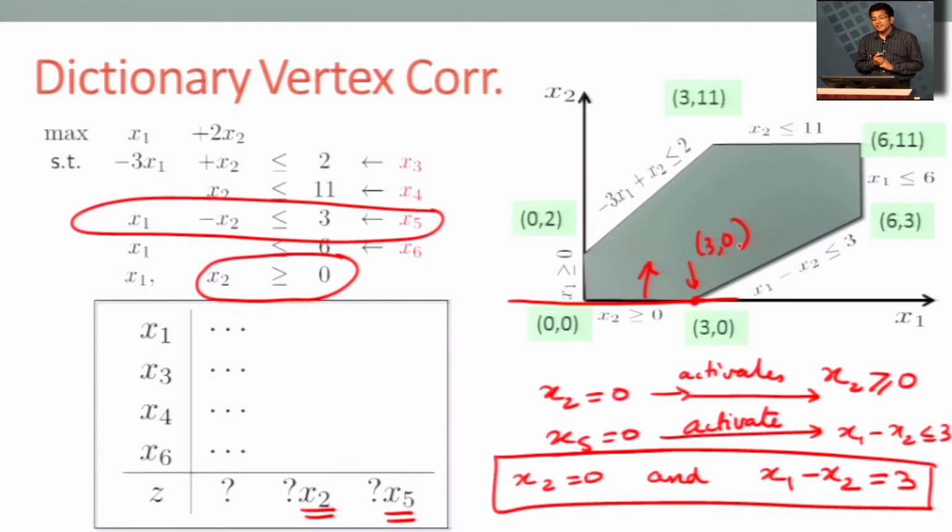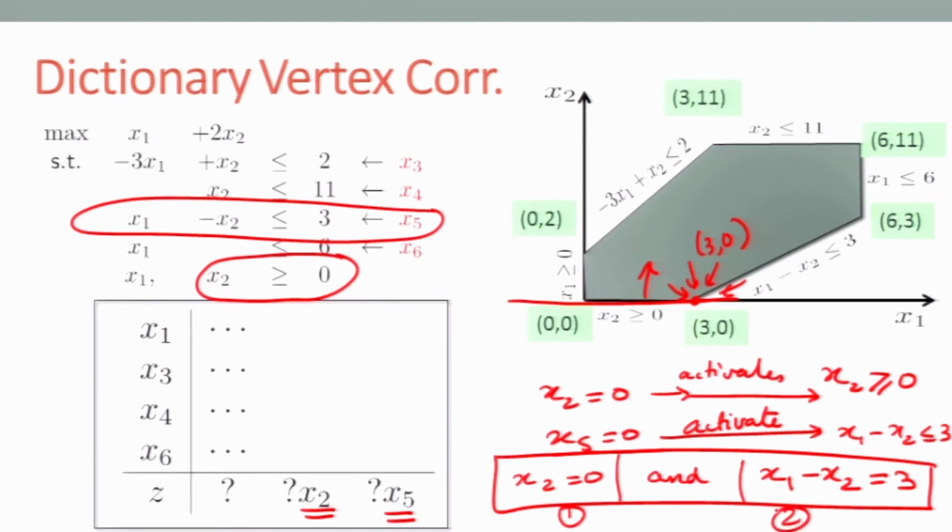Now, why is 3, 0, right here, a vertex? 3, 0 is a vertex because it activates two constraints in the original problem, it's feasible, and number 3, the rank of the activated constraints, the matrix 0, 1, 1, minus 1, has rank 2, which means that, geometrically speaking, the activated constraints meet at a point and define a point uniquely. And therefore, 3, 0 is a vertex.